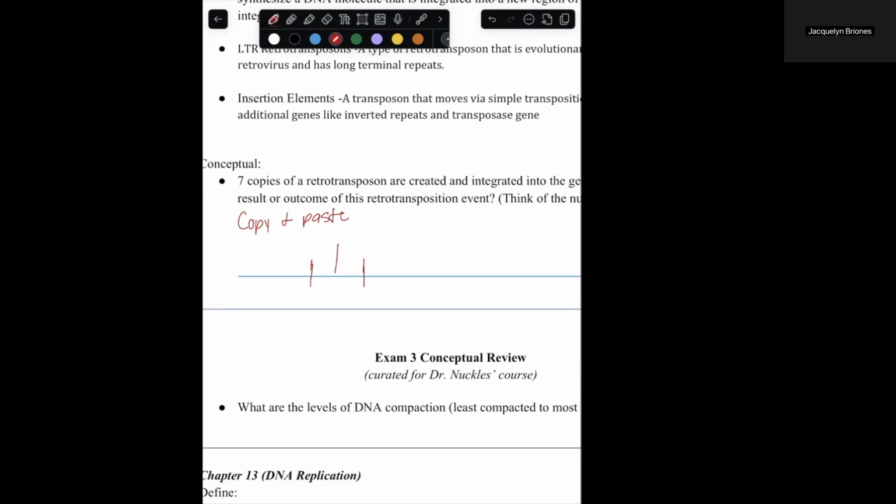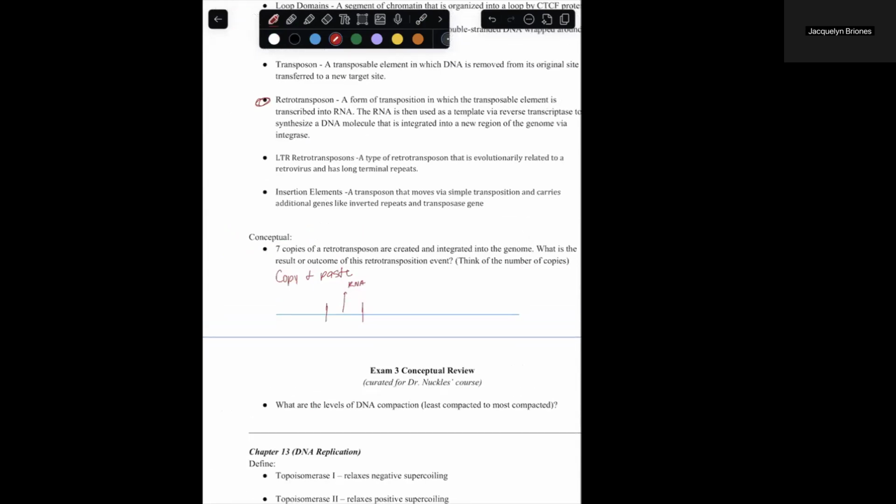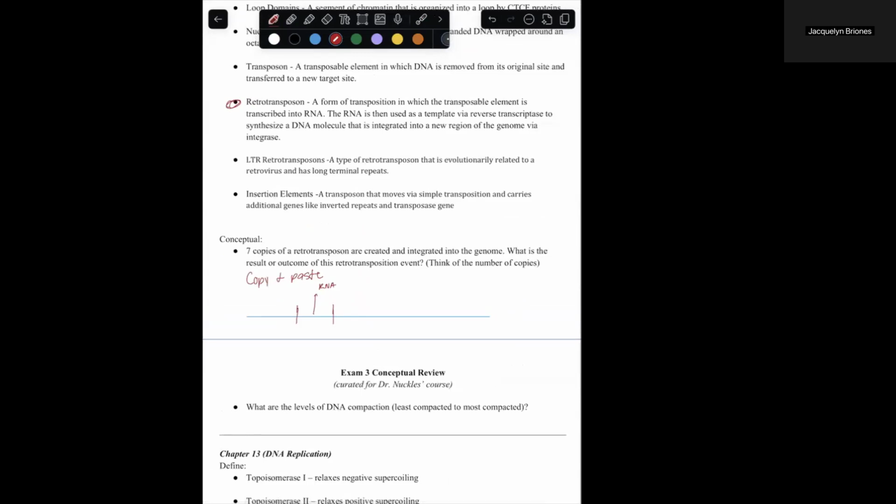So we take this, turn it into RNA, and then the RNA is used as a template with reverse transcriptase. So just imagine reverse transcriptase is doing its job, synthesizing a DNA molecule that is integrated into a new region of the genome.